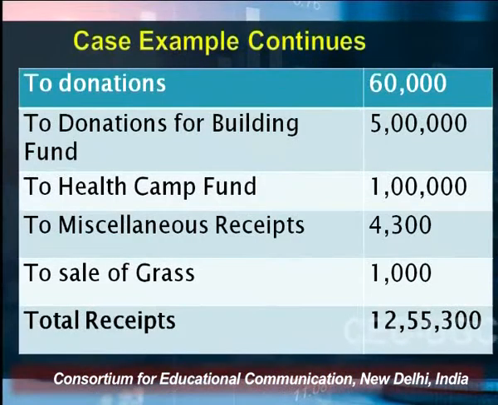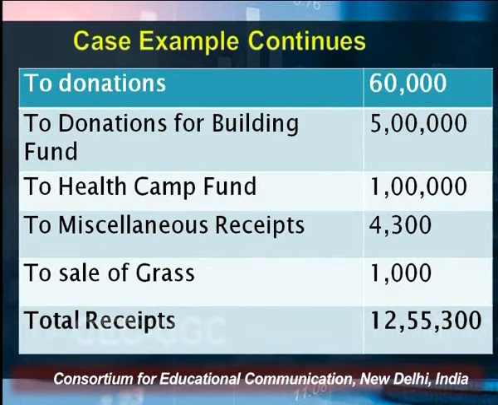Then it says donations for building fund. This donation is for a particular purpose. The previous donation of 60,000 is of a recurring nature, a normal donation, whereas this donation is for a particular fund, the building fund.